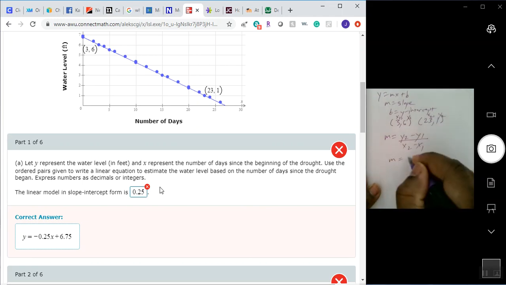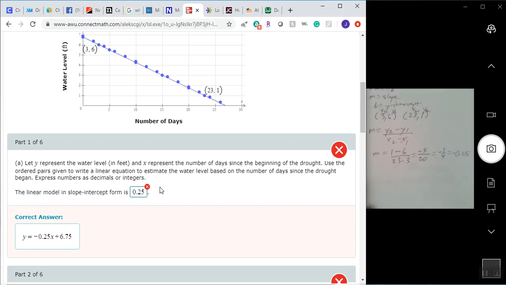Y sub 2 is 1, y sub 1 is 6, x sub 2 is 23 and x sub 1 is 3. So 1 minus 6 is negative 5, and 23 minus 3 is 20. Negative 5 over 20 becomes negative 1/4 or negative 0.25. That is our slope.